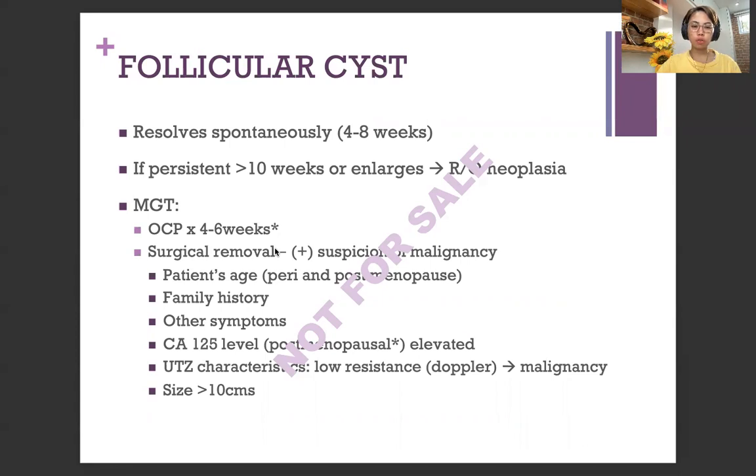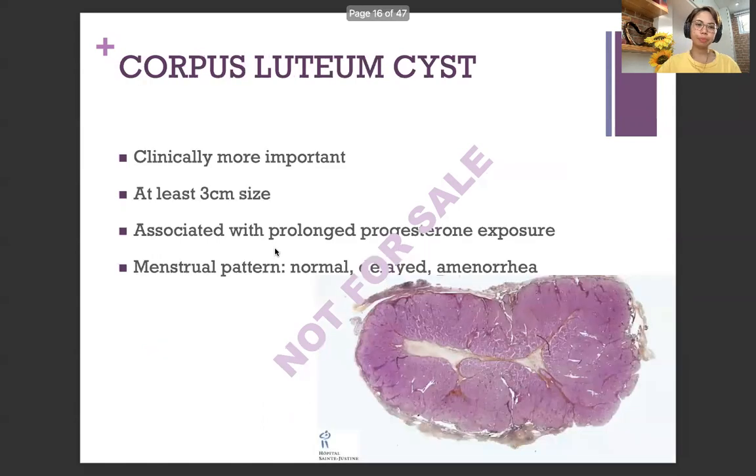Again, the size: if you want to surgically remove, you should have a cutoff of more than 10 cms. As I said earlier, it can be as large as 15 cms, but I very seldom meet a follicular cyst more than 10 cm. If it's really huge, then that's the time we do cystectomy or surgical removal.